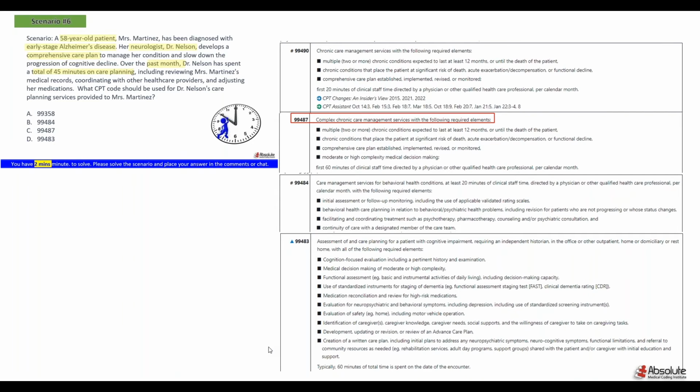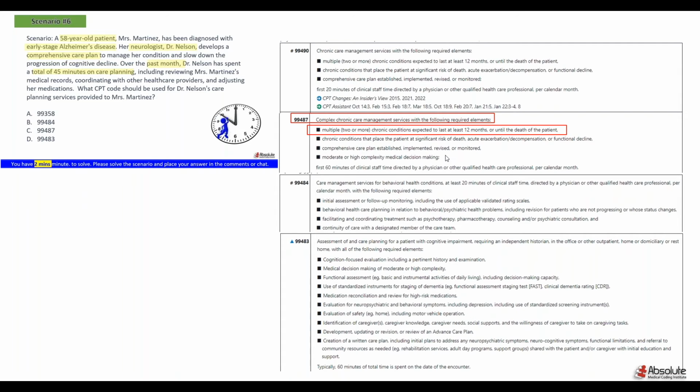This is for a complex chronic care management with the following required element: first 60 minutes. And this one requires multiple, that means two or more chronic conditions expected to last 12 months or until death of the patient. So how many chronic conditions are addressed in this scenario? Just one. Alzheimer's is the only one which has been managed here.